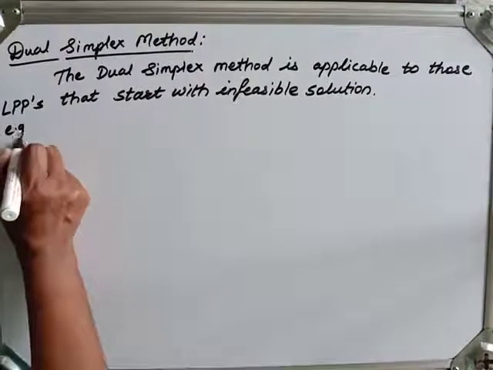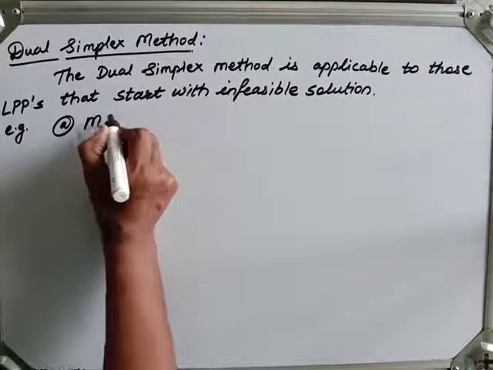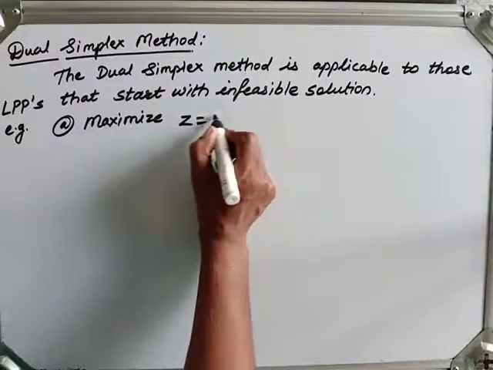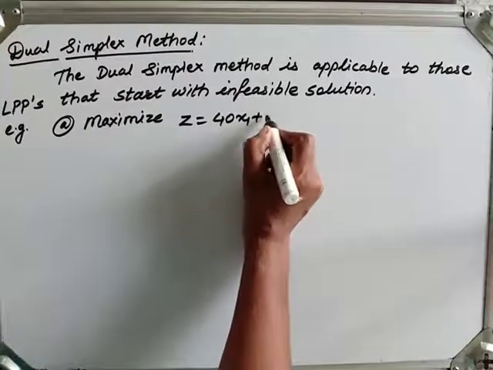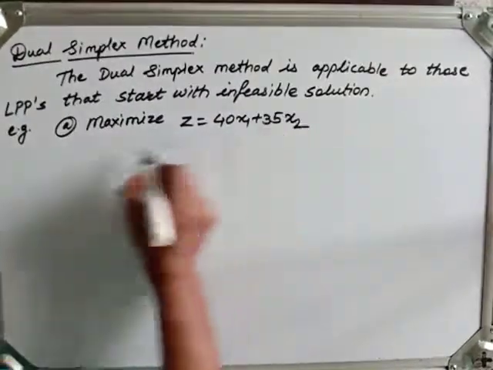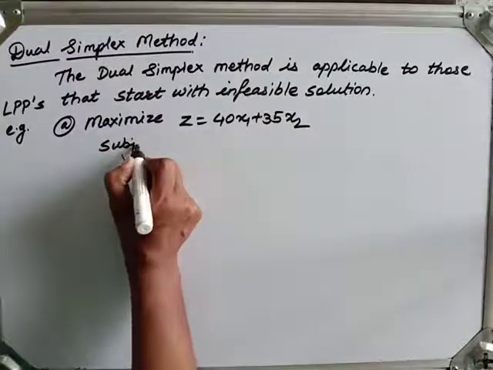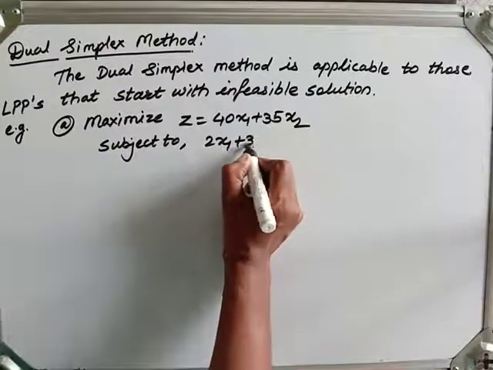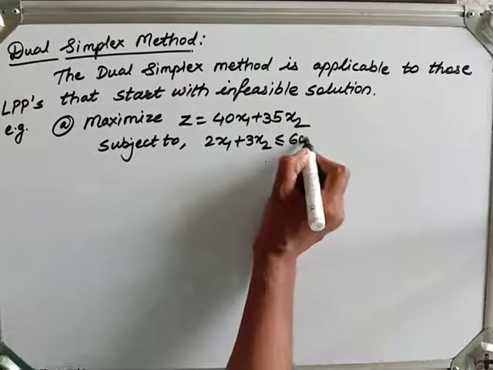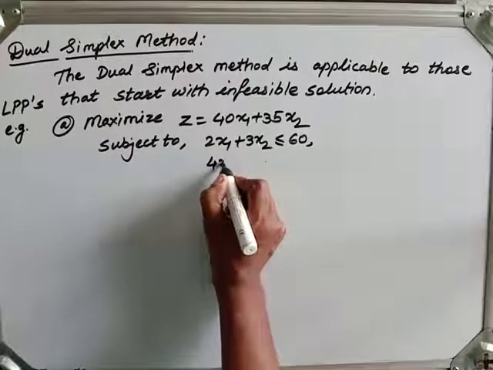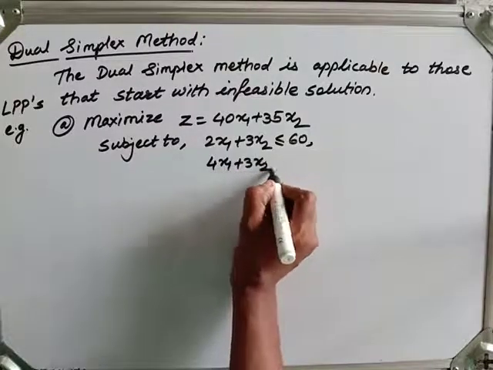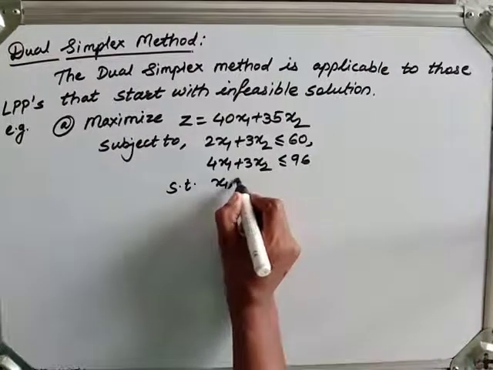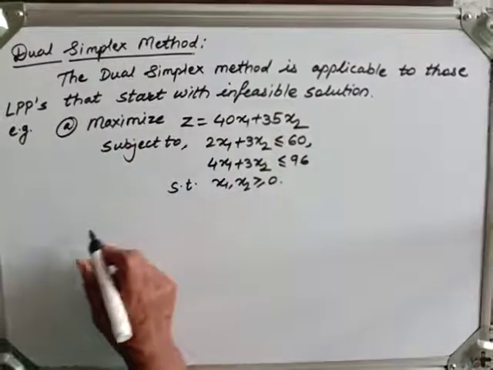For example, suppose there is an example: maximize z equal to 40x1 plus 35x2 subject to 2x1 plus 3x2 less equal 60, 4x1 plus 3x2 less equal 96, such that x1, x2 greater equal 0.